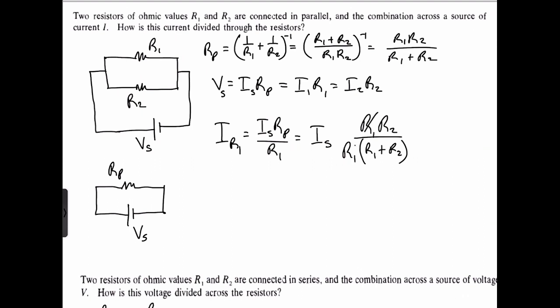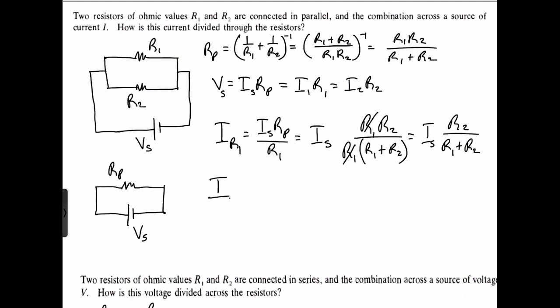R1 goes away. We're just left with IS times R2 over R1 plus R2. So the current through R1 is equal to the current coming from the source multiplied by R2 all over R1 plus R2.